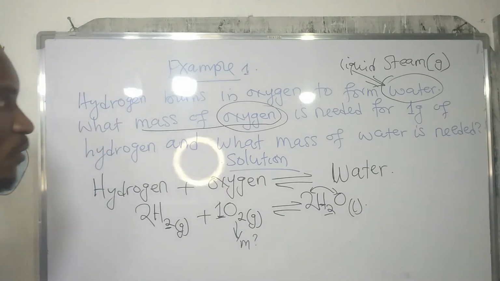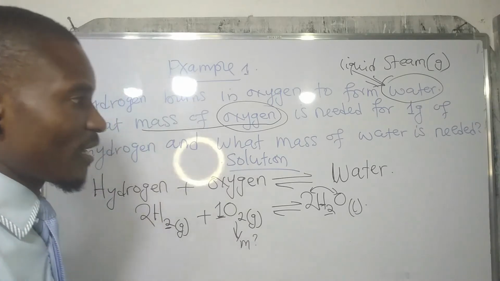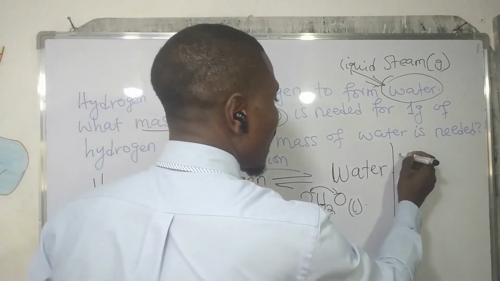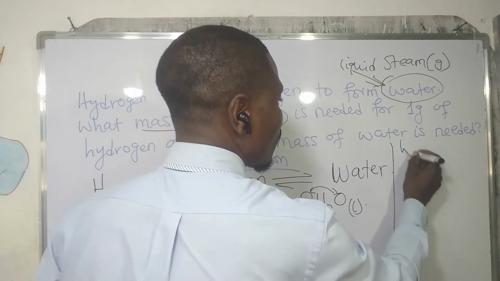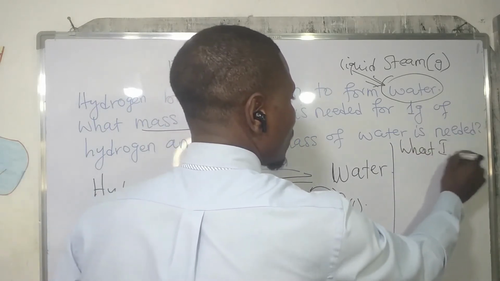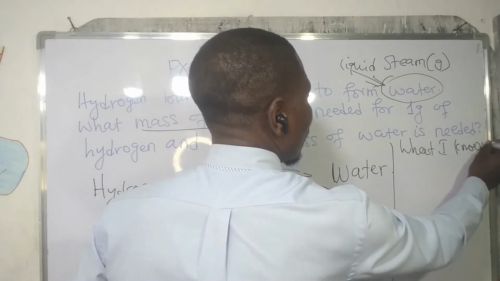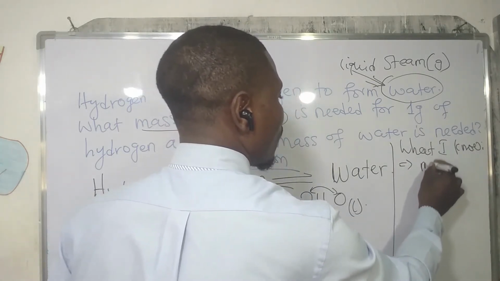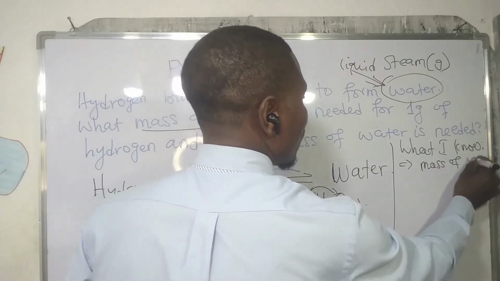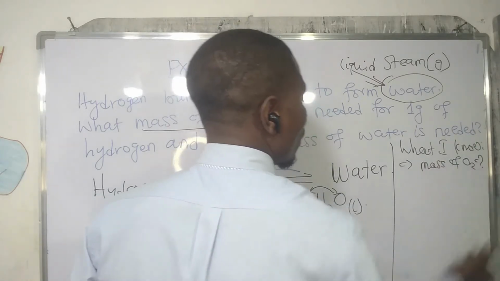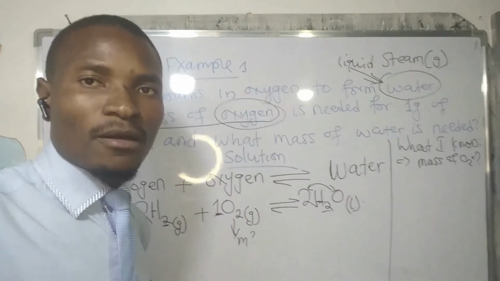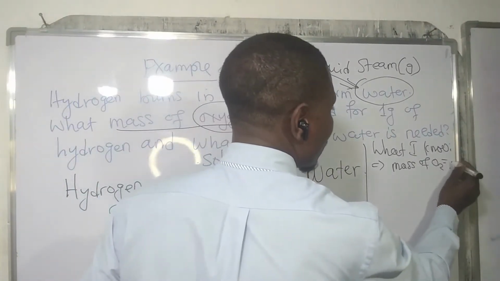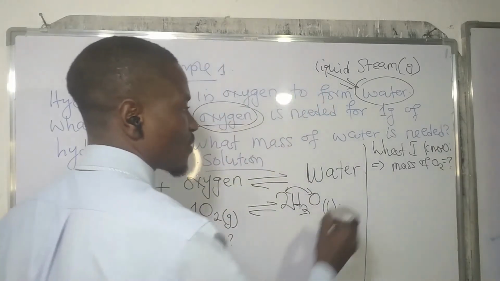So the only thing I know about this information is what they are asking me. So what I know is that the mass of oxygen equals question mark, meaning I have to find the mass of oxygen.